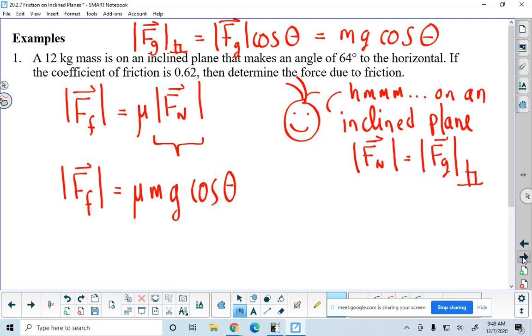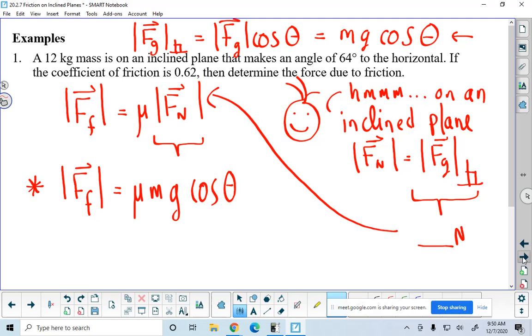If you want, you can use this formula up top to calculate this as a certain number of newtons and then put it in here. But there are going to be problems that you will encounter sooner or later that require this substitution method. This is a better approach.